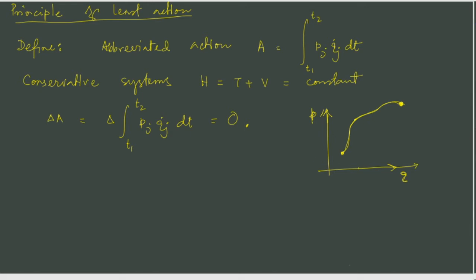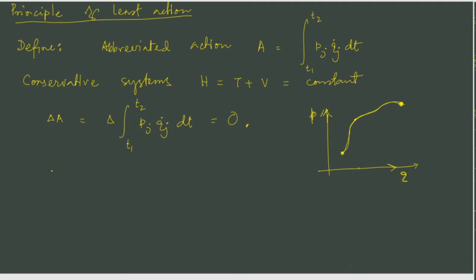I am considering only a one-dimensional system, but if you have more q's and more p's, it would be difficult to draw. But you can imagine in a multidimensional space, the particle dynamics is essentially from one point to another. For each set of q's, we'll have a well-defined set of p's. So variation in the phase space about the true path will result in delta A being 0. So this is essentially the statement.